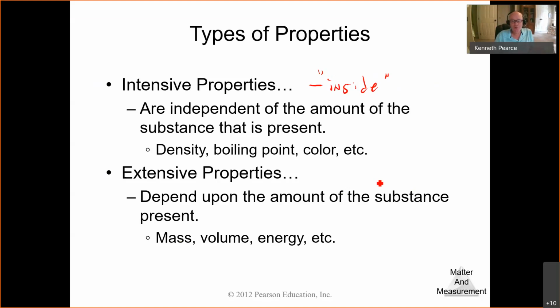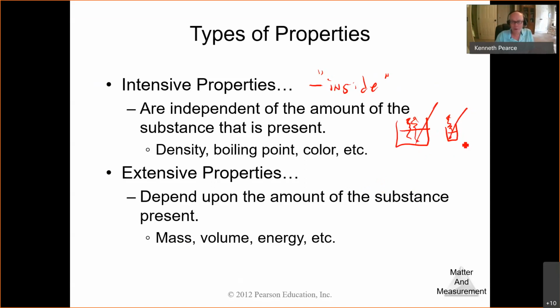So whatever you do to it, it's still going to have whatever it has. Okay, so density, that's grams per milliliter, no matter how much you have. A boiling point, does it matter if you have a lot of stuff boiling or a little bit of stuff boiling? Well, guess what? If you measure the temperature here, it's going to have the same boiling point.